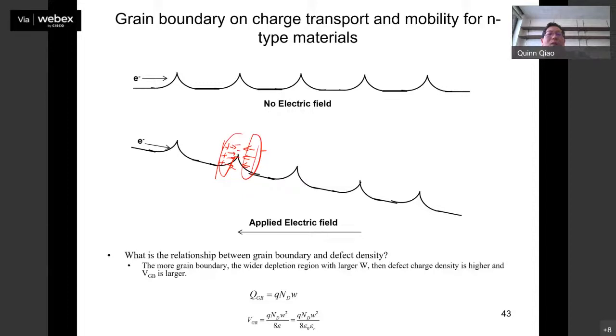For example, if the band bending is there and you add the electric field in the same direction as the band bending generated electric field, you double that. Your electric field gets stronger. If you add the opposite electric field, you cancel that electric field. You will remove that band bending. The band bending will be gone.